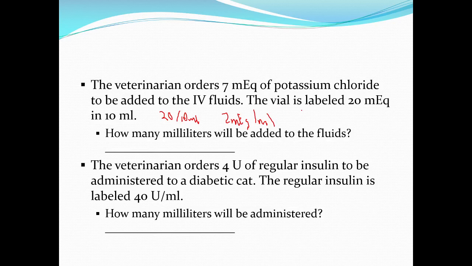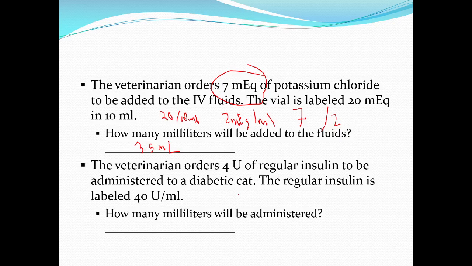So how many mils? It's 7 divided by 2. The dosage divided by the concentration. 7 divided by 2 is 3.5 mils. Okay, and again, you take 3.5 mils out and put 3.5 mils in.